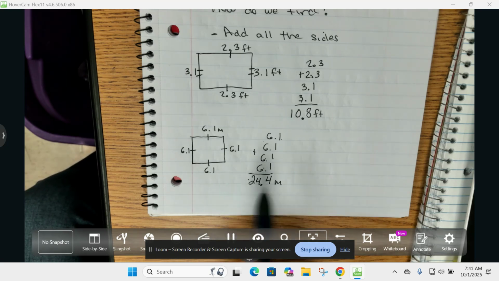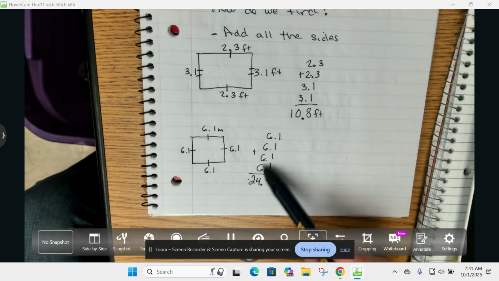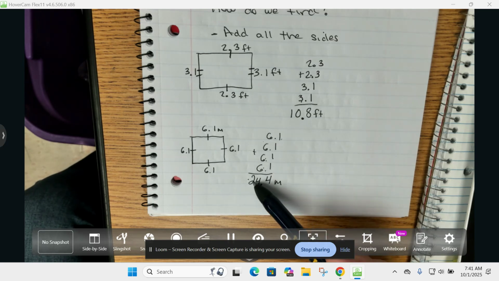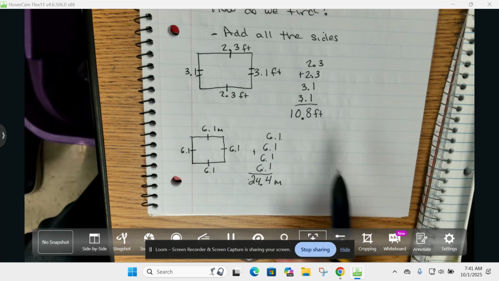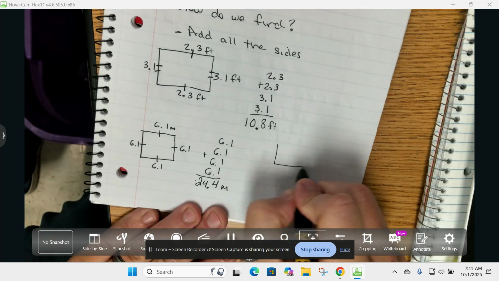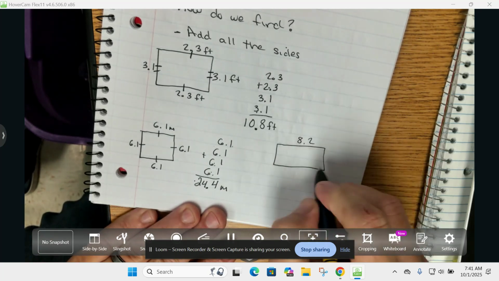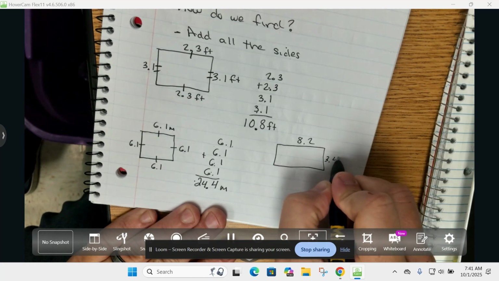Okay, so again, I add all 4 the ones, and then you can think multiply 6 times 4 because there's 4 sixes, and that would be 24. 24 and 4/10.